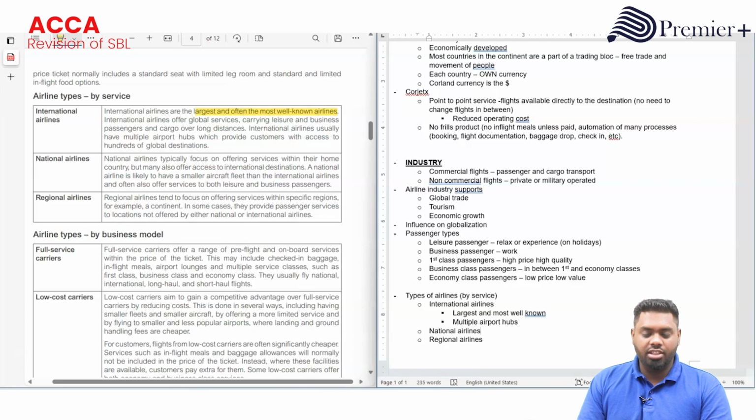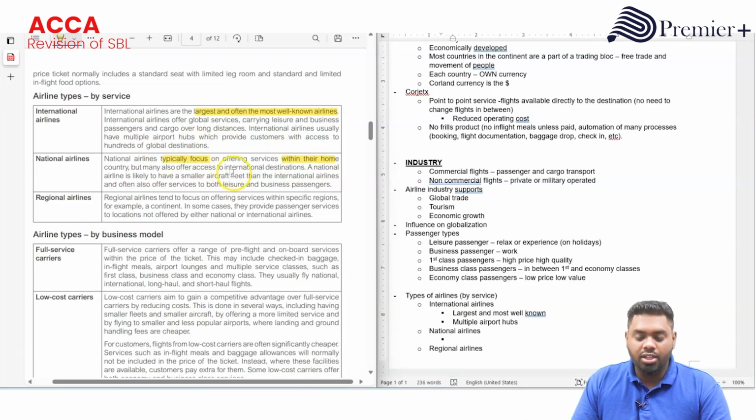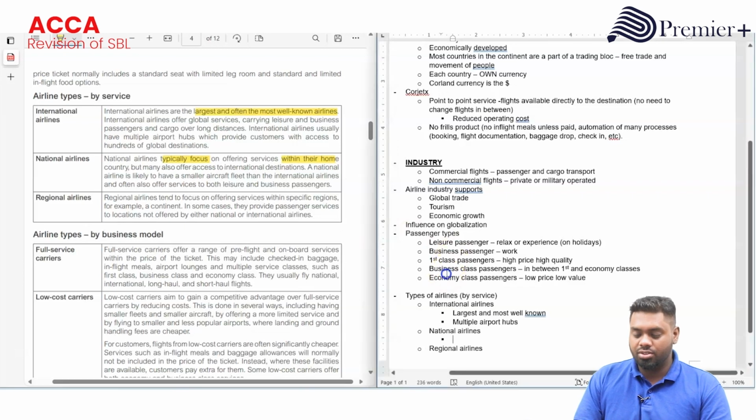National airlines typically focus on offering services within their home country. But many also offer access to international destinations. A national airline is likely to have a smaller aircraft fleet than international airlines and often also offer services to both leisure and business passengers.